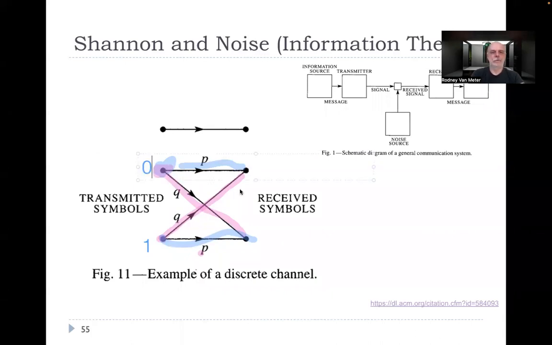This one 0 and that one 1. So the probability would be the same over here: the probability that we sent 0 and received 0, or the probability that we sent 1 and received 1.